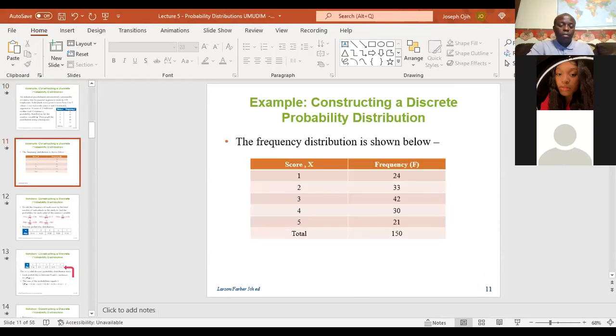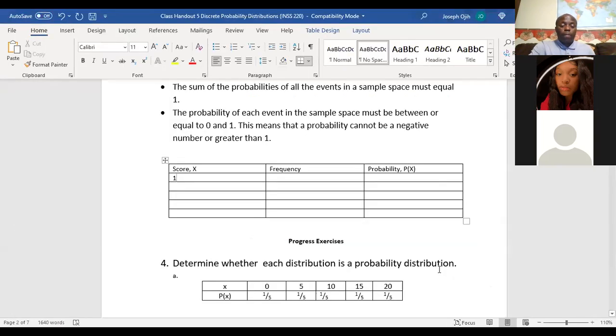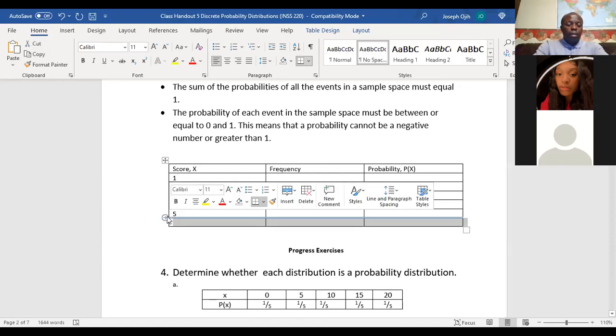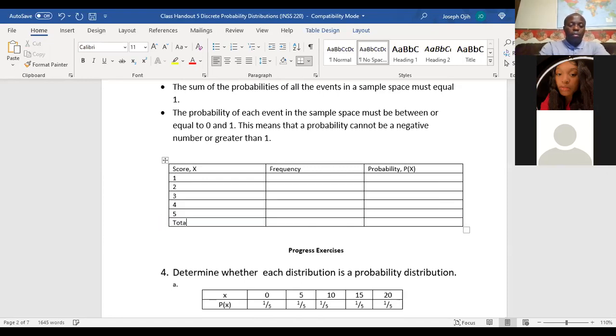So score of 1, 2, 3, 4, 5. Then we do our total. And the frequency is giving us 24, 33, 42.